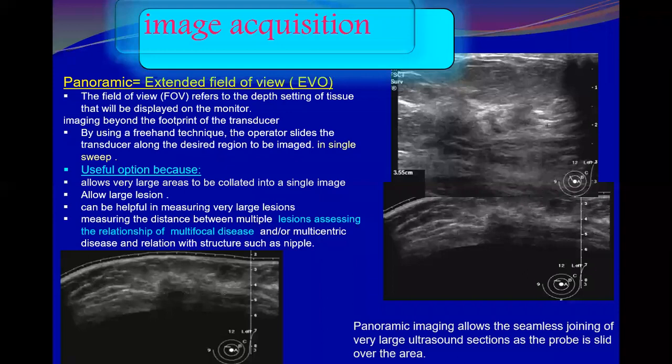It is an option, you see, and it is helpful, especially in case of multifocal and multicentric disease. You can measure large lesions or collectively measure multifocal lesions within the same quadrant or within a 5 centimeter area, or measure the distance between the lesions to decide if it is multifocal or multicentric if it is more than 5 centimeters, you see.